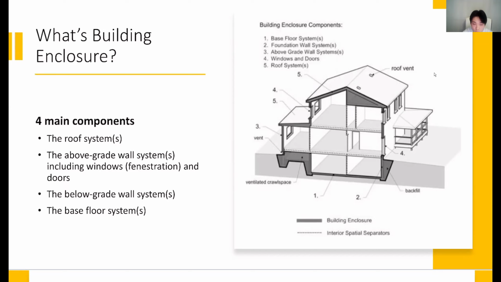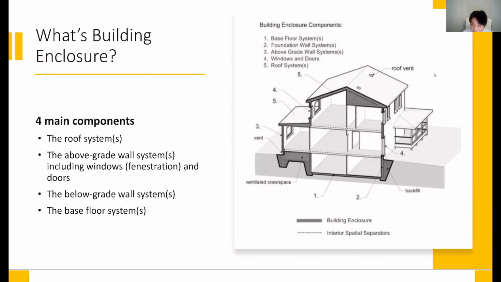If we think about wall systems, they are basically environmental separators that separate us from the outdoor environment, that provide us with human comfort, maybe keep us warm in the winter or cool in the summer. So the above grade wall systems are dealing with outdoor air that fluctuates a lot, and depending on the season, the outdoor temperature can vary a lot, especially for a climate like ours, right?